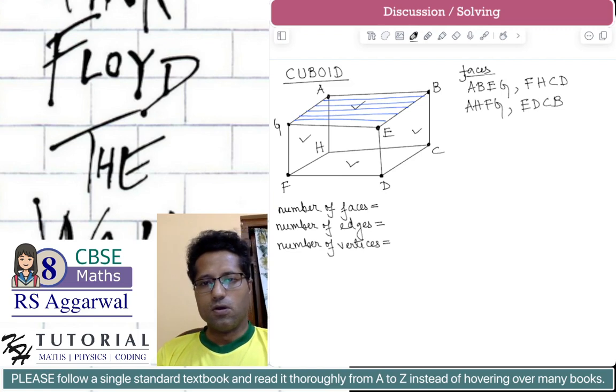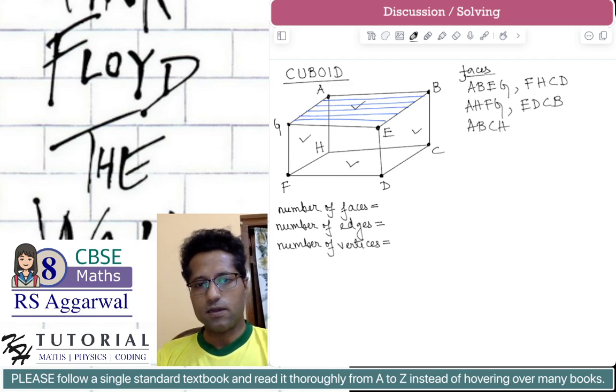Okay. So we have considered the top and bottom faces, and we have considered the face AHFG and EDCB. Now consider the face ABCH. Now it will be really difficult for me to visually understand. Now this face ABCH is another face.